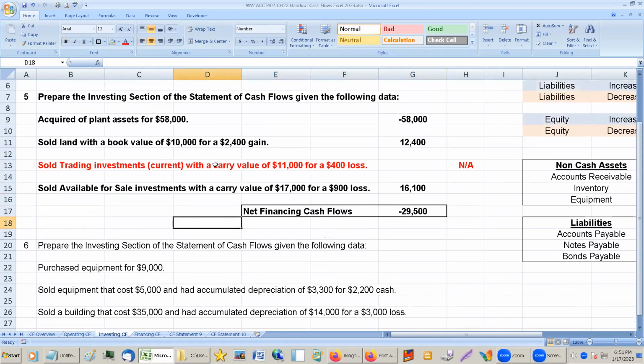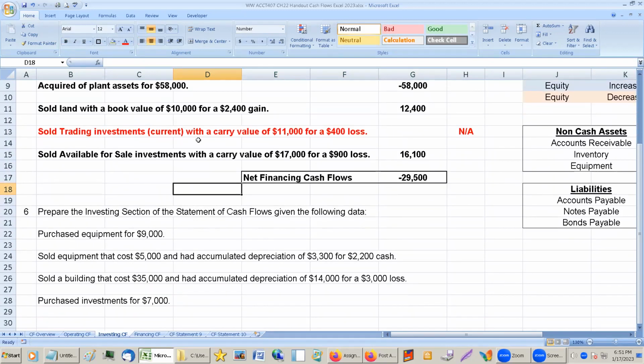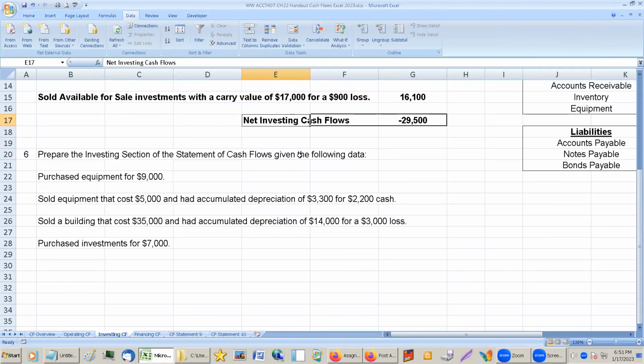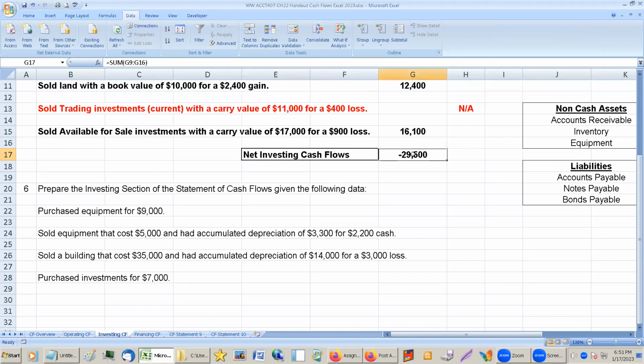Now, here's kind of the strange thing about the investing section. First of all, let's put the right label on here. Net investing cash flows. Here's the thing about the investing.